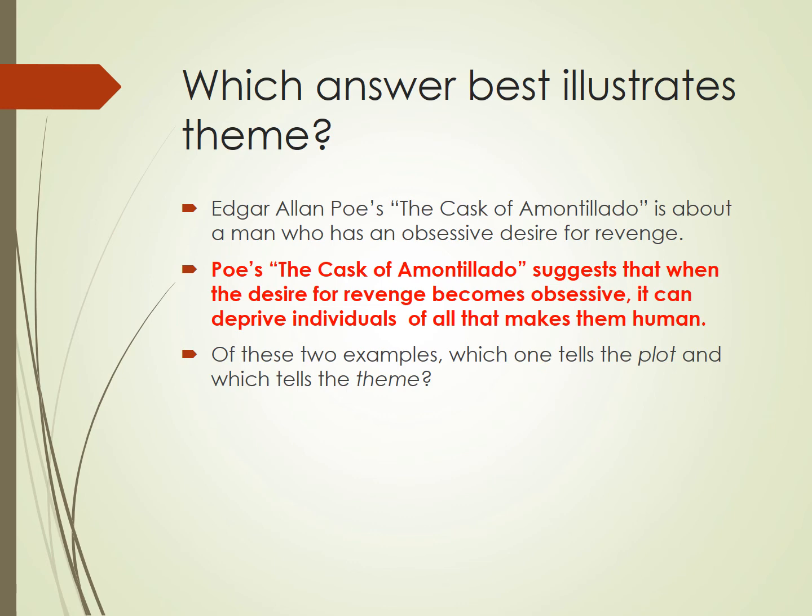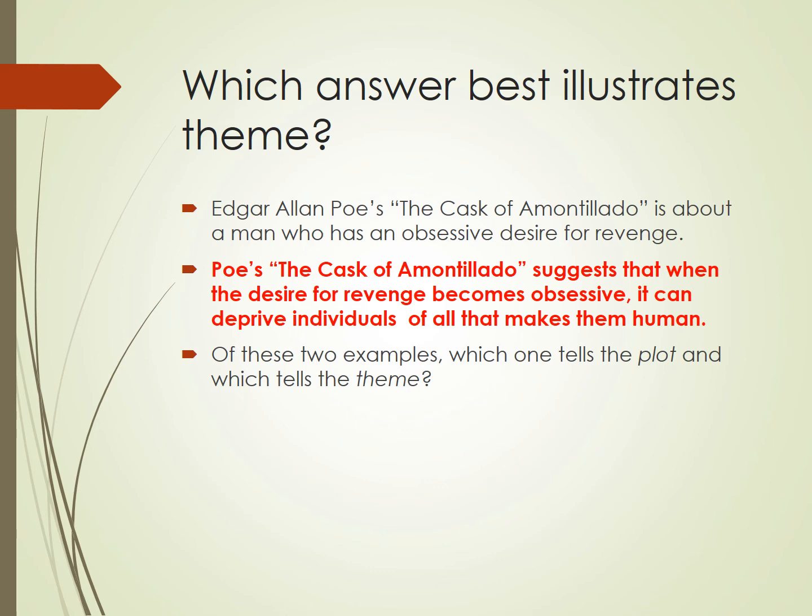Hopefully you saw that the second example was an illustration of theme. One clue is the verb suggest. That's an active verb. It's making an argument, that Poe is making an argument. Poe's The Cask of Amontillado suggests that when the desire for revenge becomes obsessive, it can deprive individuals of all that makes them human.